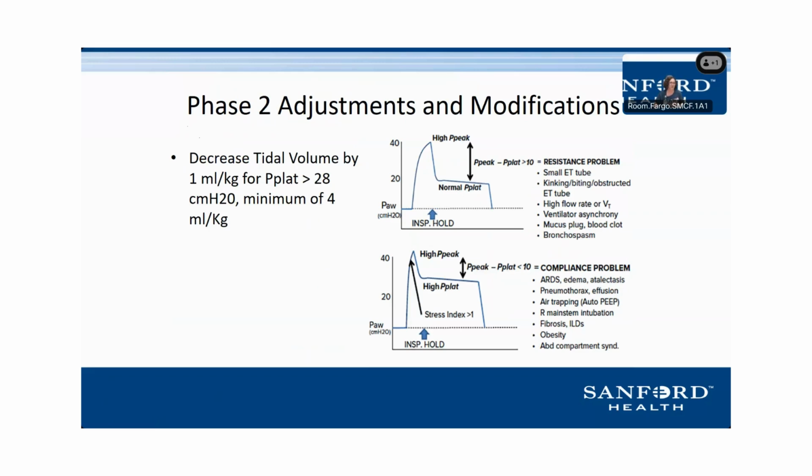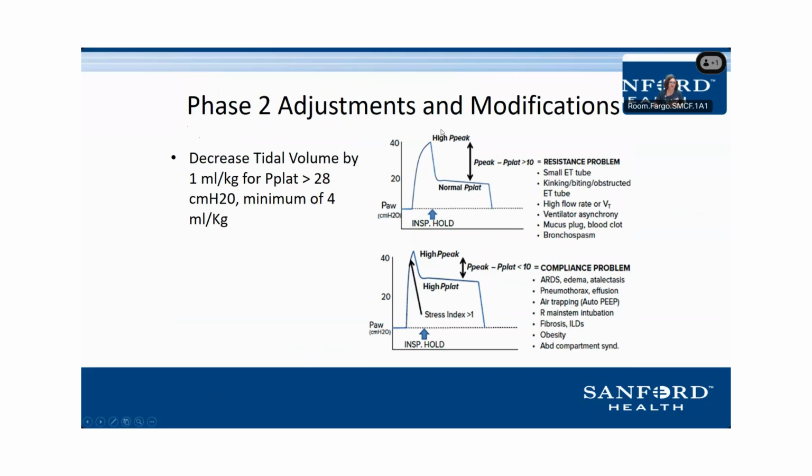If they are greater than 28, I'm going to start to drop that tidal volume target by 1 mL per kilo, making sure that I'm at least 4 mLs per kilo of tidal volume. Under 4 mLs per kilo, I'm just going to ventilate the trachea. I'm not going to provide alveolar ventilation with tidal volume smaller than that.